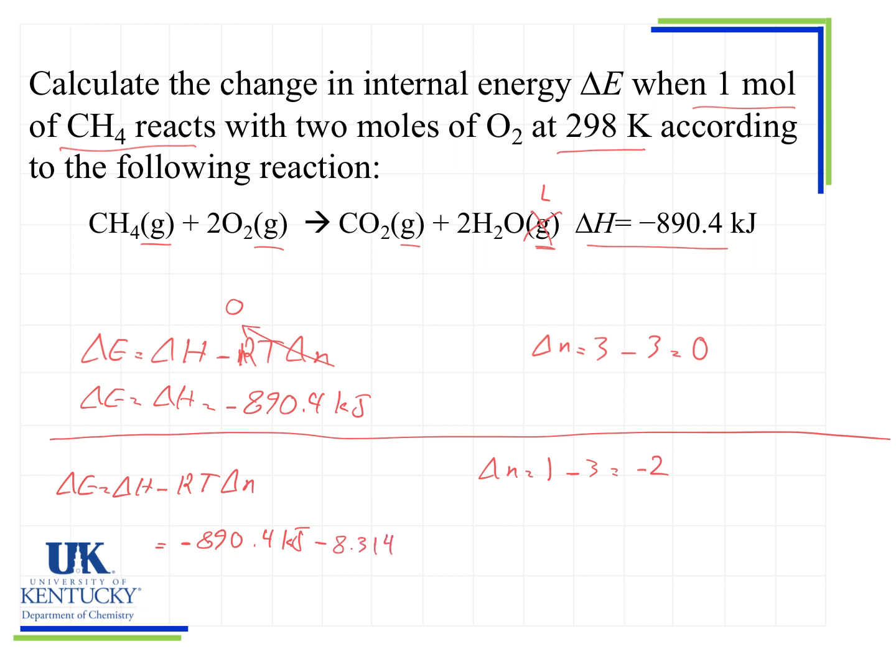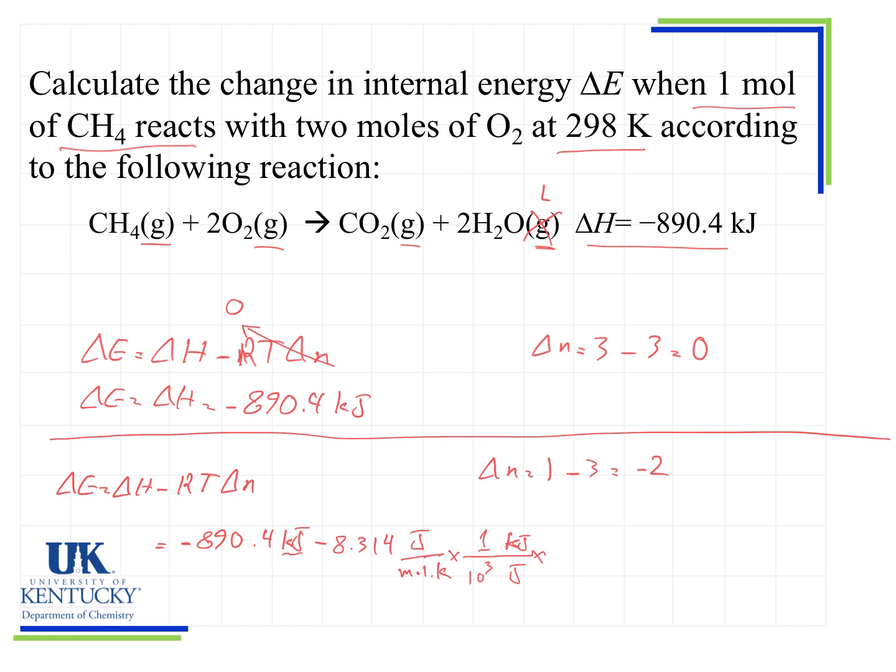The 8.314 value for R has the unit of joule over mole Kelvin. This is still joule, but my enthalpy is kilojoule, so I have to convert that to kilojoule. 1 kilojoule is 10 to the 3rd, 1000 joule.